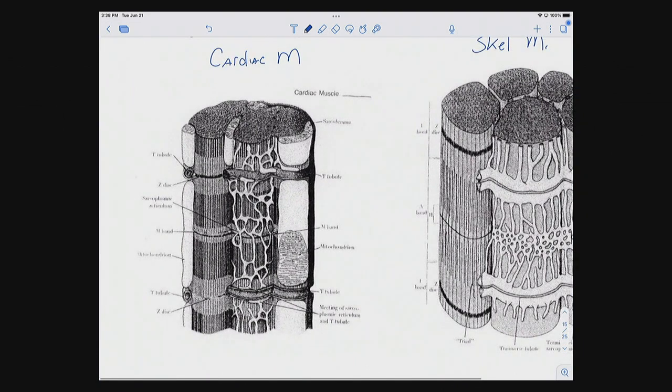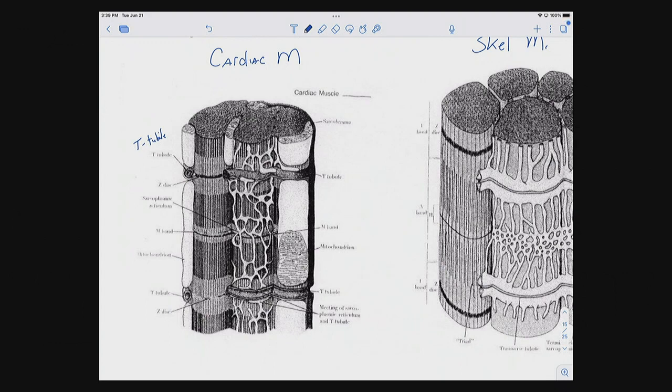In cardiac, there's a T-tubule here. We have a depolarization wave communicating through the T-tubules, and they are in turn going to be opening up dihydropyridine receptors or L-type calcium channels.